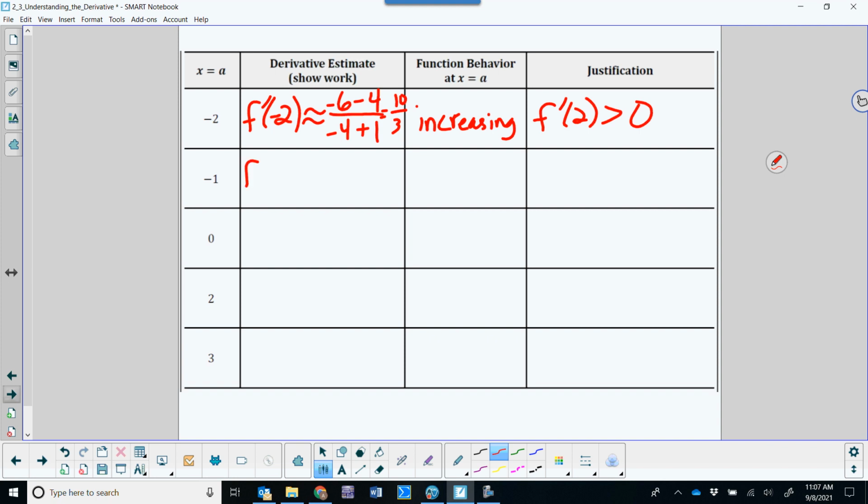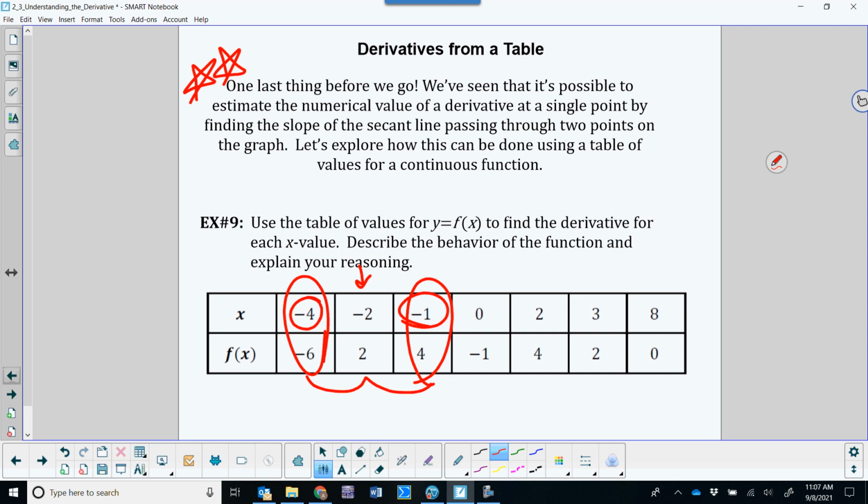So let's go ahead and do a couple more of these, and then I'll leave some of these for you to do. So again, f prime at -1 is approximately. So back at the table, if I want to estimate what's going on at -1, I'm going to pick the 2 points that are closest around it, and I'm going to find the slope.